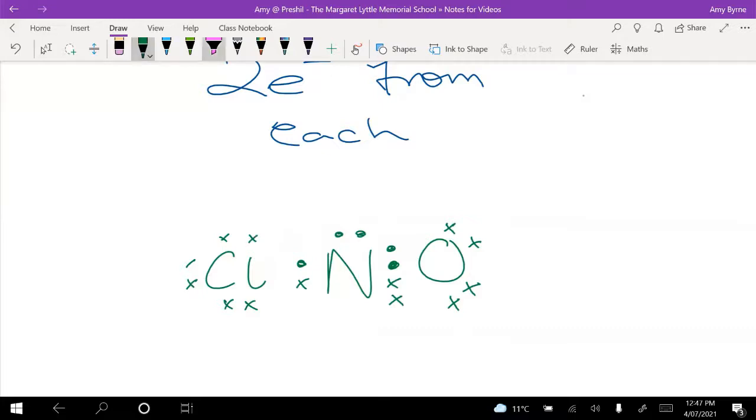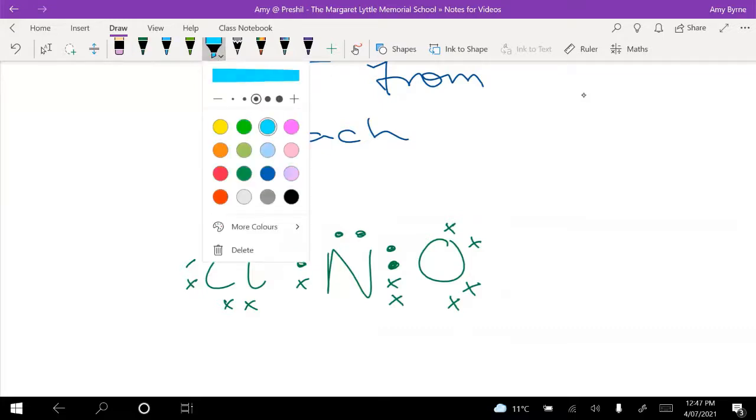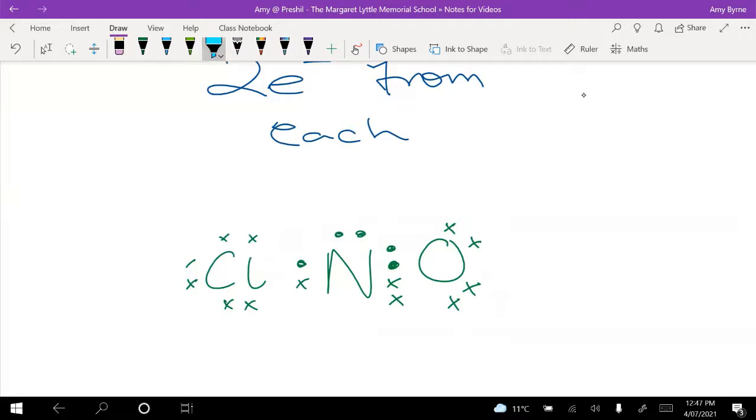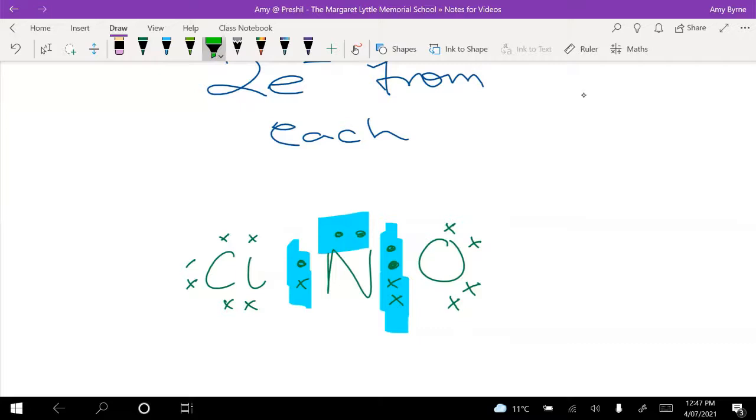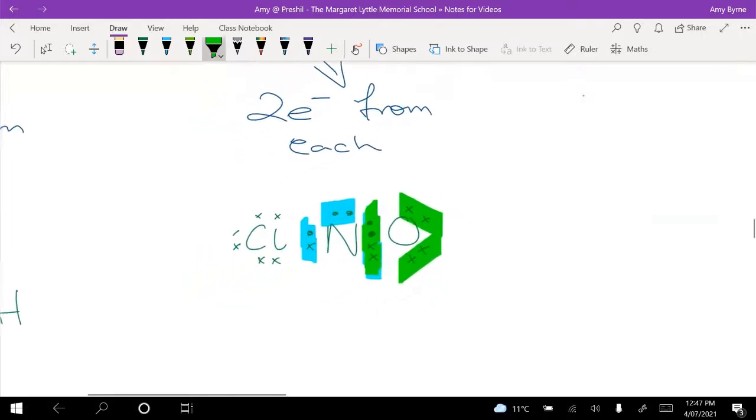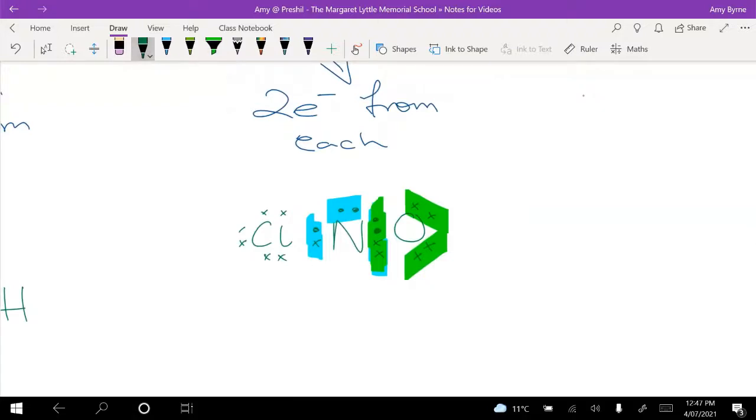Then let's look at my nitrogen in the middle. Nitrogen has 2, 4, 6, 8. So nitrogen is happy, and let's look at my oxygen on the right. Oxygen has 2, 4, 6, 8. So this is nitrosyl chloride.